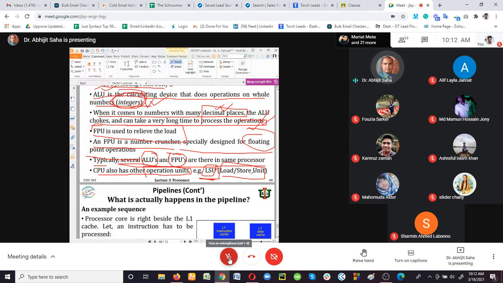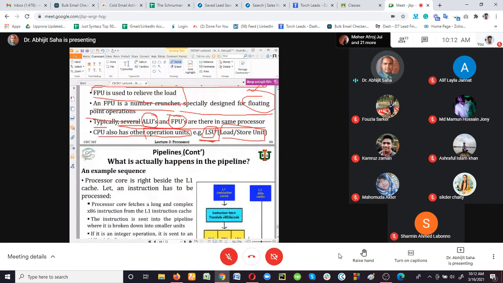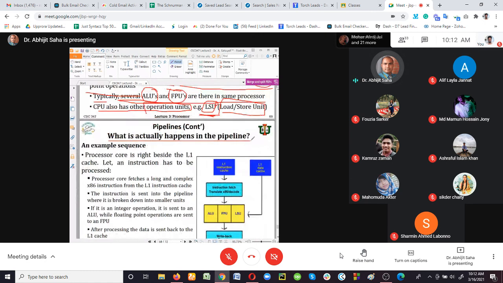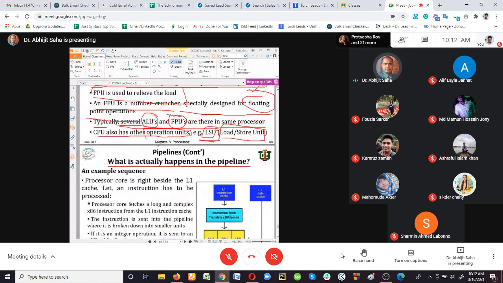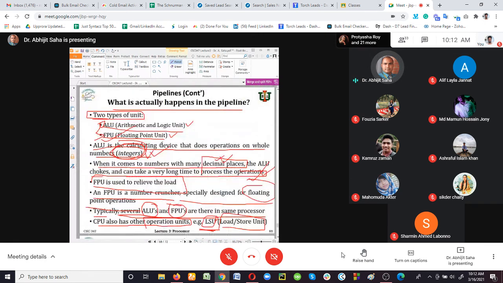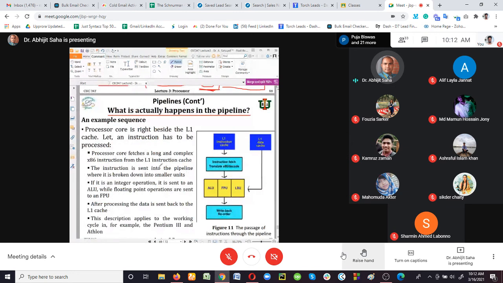We have seen how the load unit and the store unit work. So these are the units we are talking about. Now we are going to get into the discussion of what is happening. You can see the processor core is right beside the L1 cache.